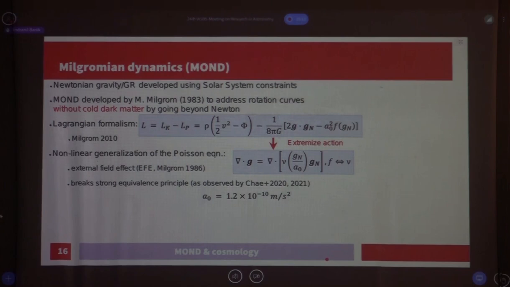So what is the idea of MOND? Basically, we have an empirical theory of gravity, the Newtonian gravity, which is not based on any quantum principle, but it's just empirical. And the main observations underpinning it are observations from before telescopes were invented about the motions of planets in the solar system.